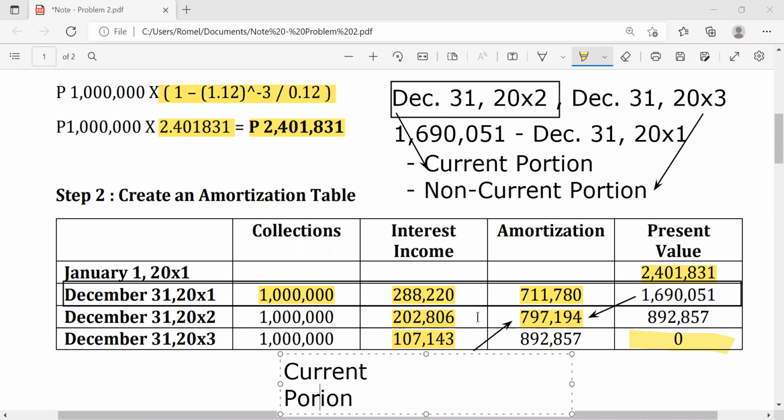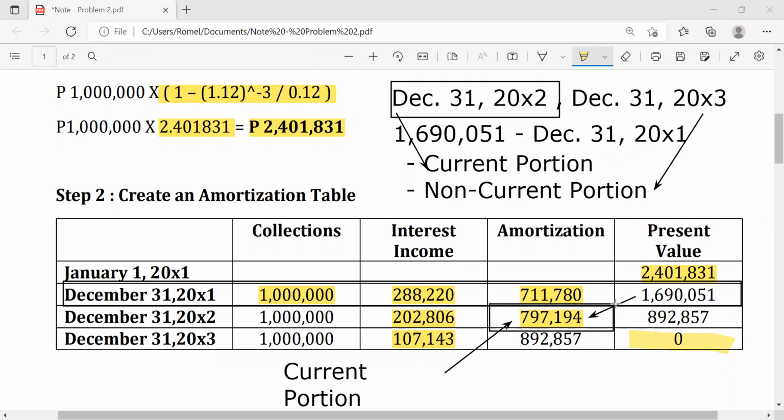Kung magkano ang due sa December 31 or kung magkano yung amortization sa December 31, 20x2, which is 797,194, this will be the current portion.